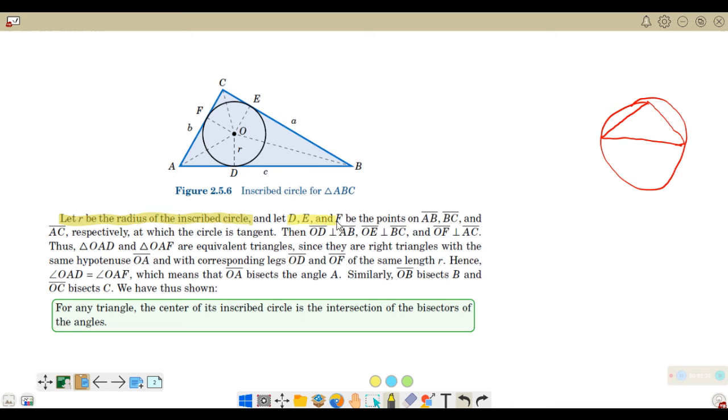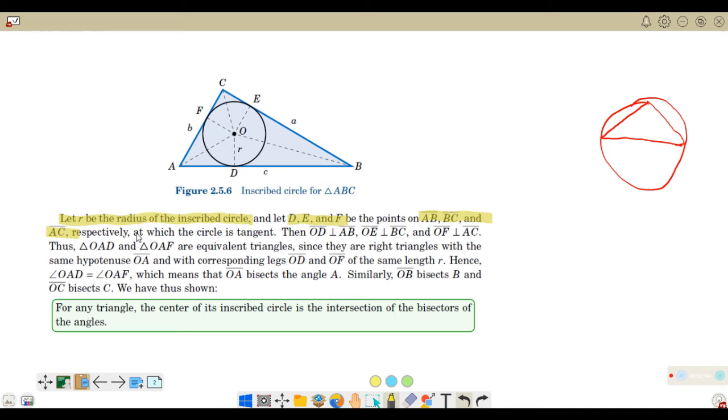So let D, E, and F be the points on segment AB, which is a side of the triangle, BC, and AC, respectively. Now, what is special about points D, F, and E? Aside from being points on segment AB, which is side C, segment BC, which is side A, and segment AC, which is side B, they are also points on the circle.